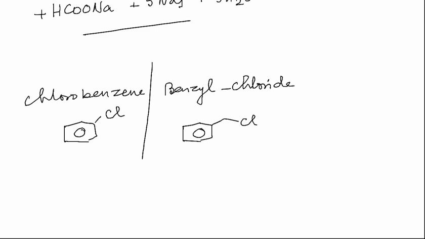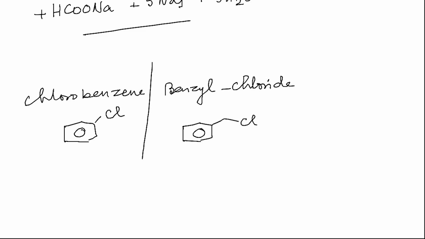Benzyl chloride, when heated with aqueous NaOH, gives a phenyl substituted primary alcohol and NaCl. So if such a solution is treated with AgNO3, or silver nitrate, in the presence of HNO3, a white precipitate of AgCl is formed.